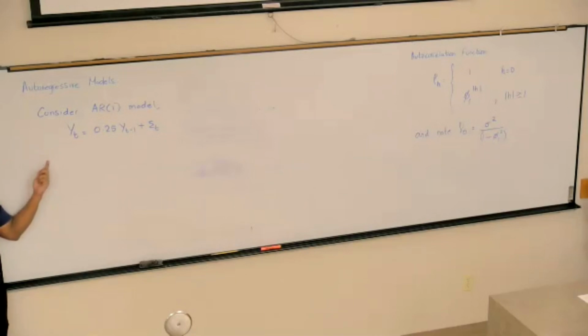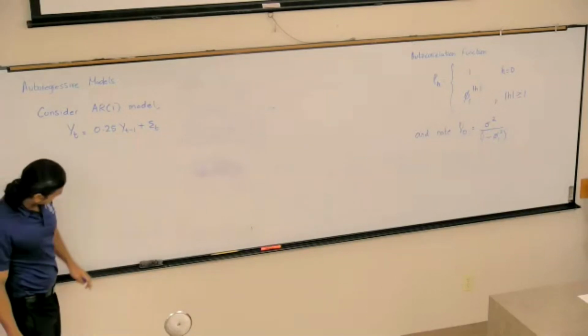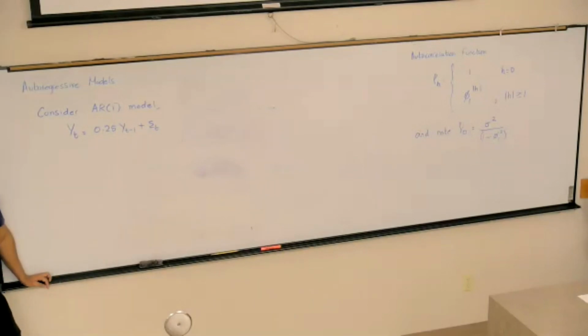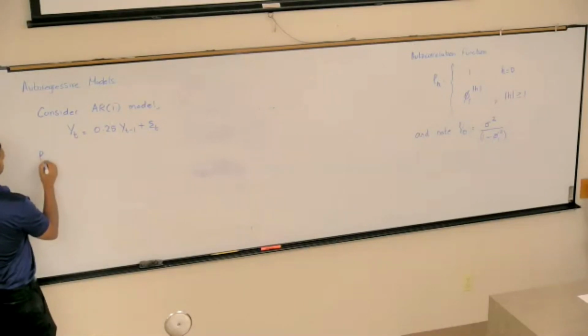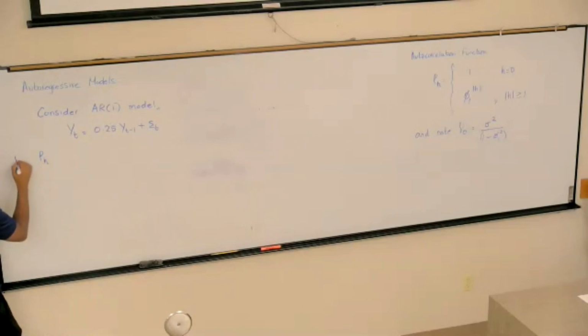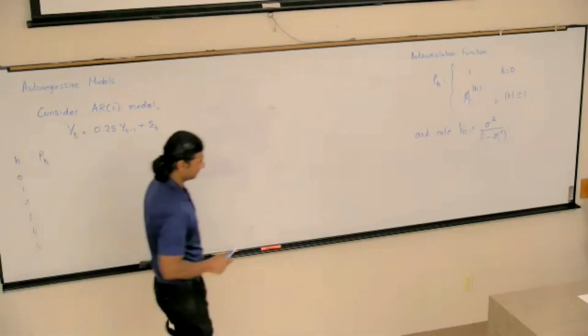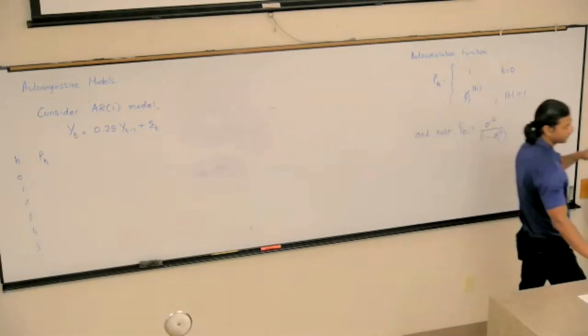Y_t is equal to 0.25 Y_{t-1} plus epsilon_t. Now, I want you to find rho_h for h = 0, 1, 2, 3, 4, 5, and tell me what rho_h is for each of those values.